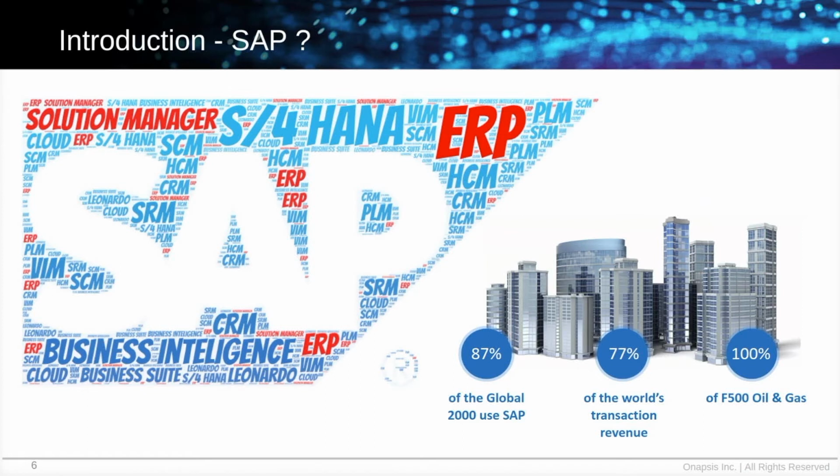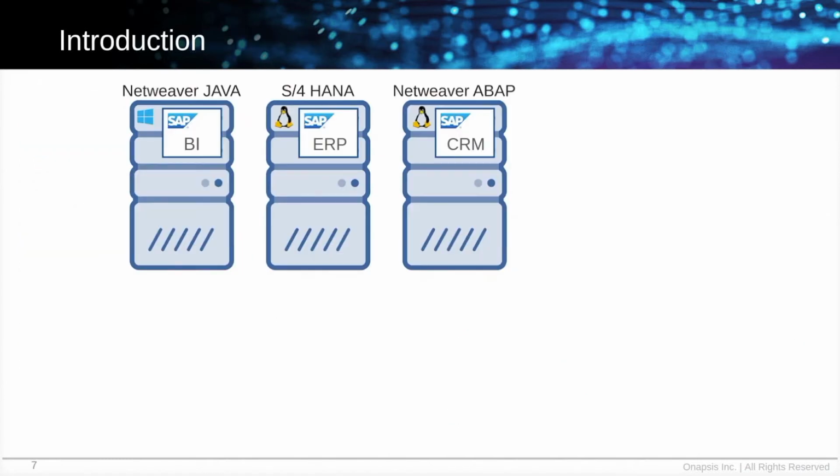On the right side of the slide, there are some numbers about this company that I want you to know. For example, 77% of the whole transaction revenue of the world goes through an SAP system. Another number, all Fortune 500 oil and gas companies are using SAP for their daily business. So I hope these numbers may help you to measure how critical and how widely SAP is being used.